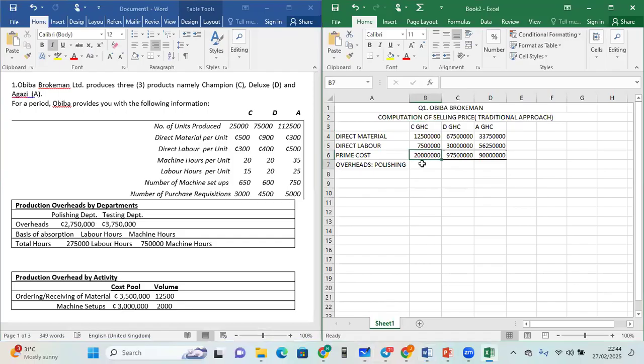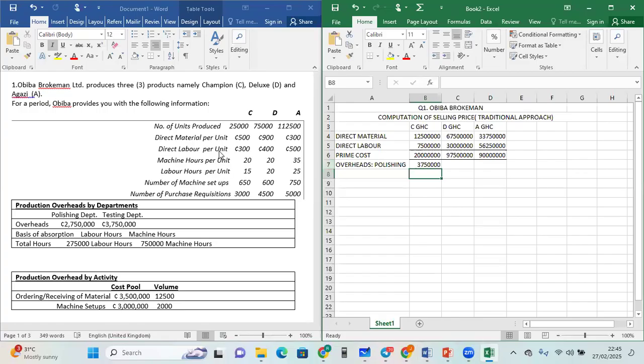So this one is going to be equal to 10, the one that we computed, times this 15, because polishing is working on labor hours, times the number of units produced, 25,000, right? So this is it.